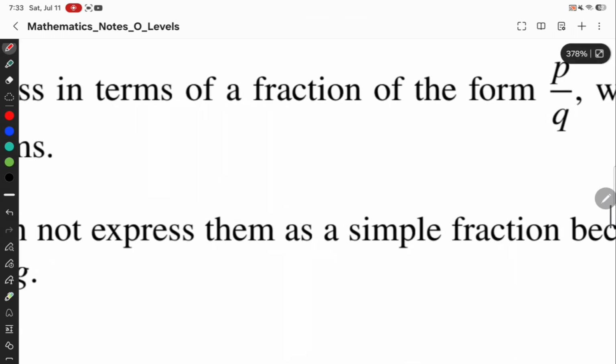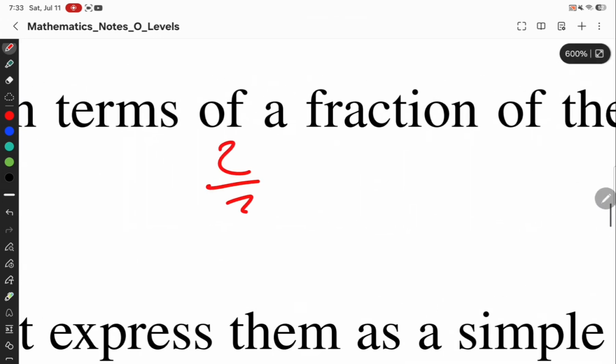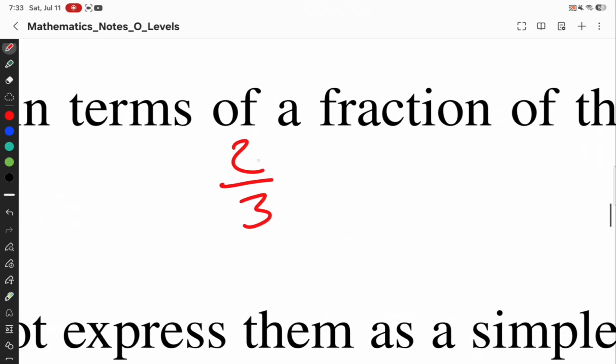What does this mean? For example, we have 2 over 3. This is in its simplest form because 2 and 3 cannot be reduced. 2 is not in the times table of 3 and 3 is not in the times table of 2.